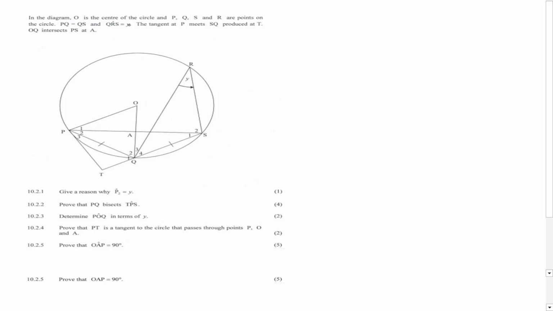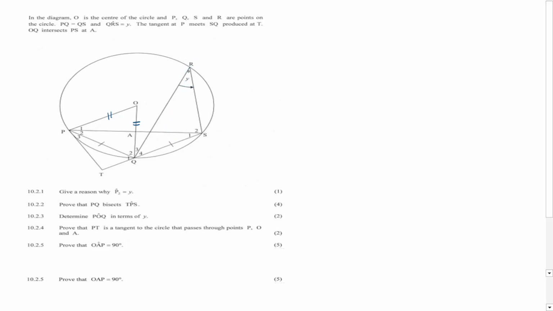In the diagram, O is the center of the circle, so immediately I'm going to fill in my radii. I'm also noticing that there's a common chord, but I'll touch on that in a sec. They tell us that QRS is Y, and so just from that my mind is thinking, is there angle in same segment?